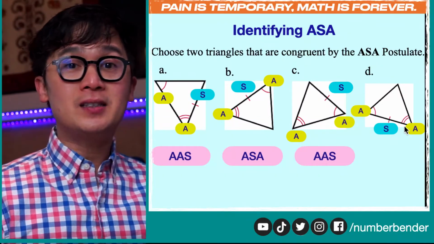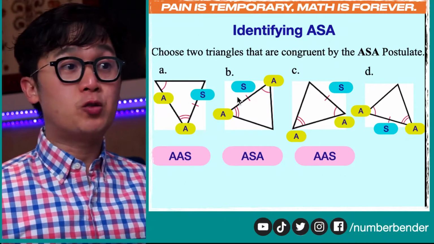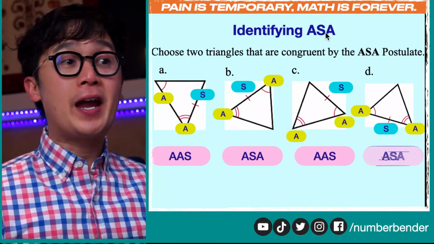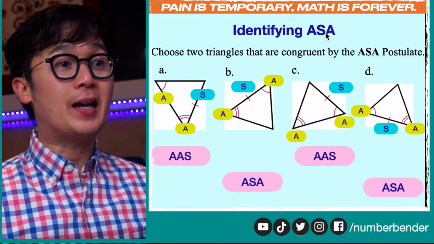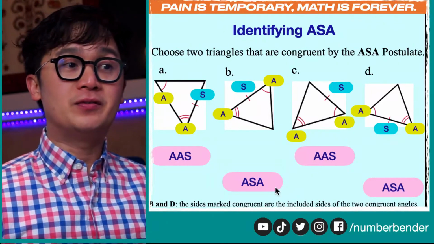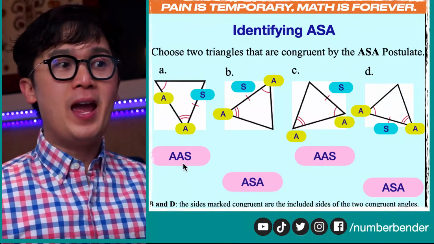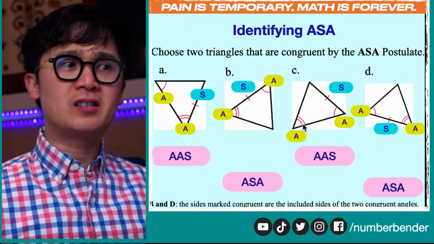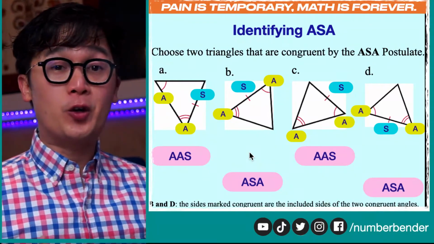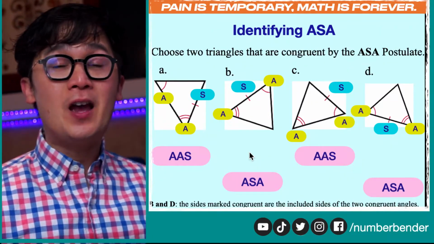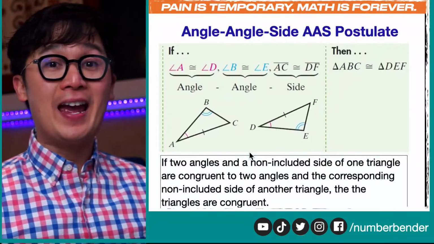So in this case, by marking the correct position of our triangles, we know that triangle B and triangle D are congruent using the ASA postulate because of the corresponding parts that fall under that form. And we are seeing the other two triangles A and C to have the AAS form, and your guess is as good as mine. Yes, we also have another postulate for triangle congruence called the AAS postulate.